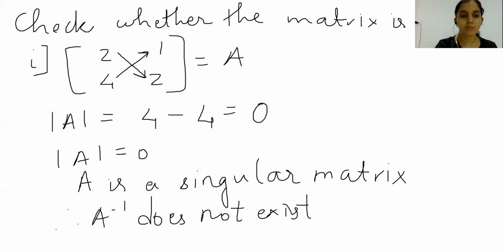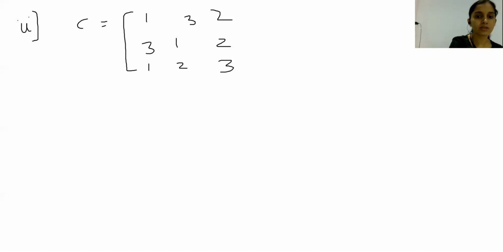Let us take one more example for making this clear. We'll take a 3 by 3 matrix this time. So we have 1 3 2, 3 1 2, and 1 2 3. Okay, let's check whether this matrix has an inverse. So we find its determinant. Let us start finding its determinant. So let's go with the first row, first column, hide it.